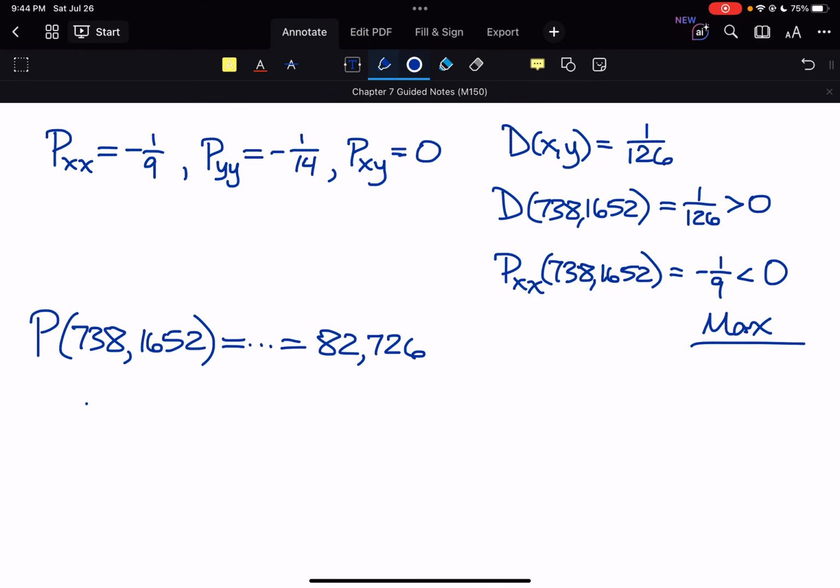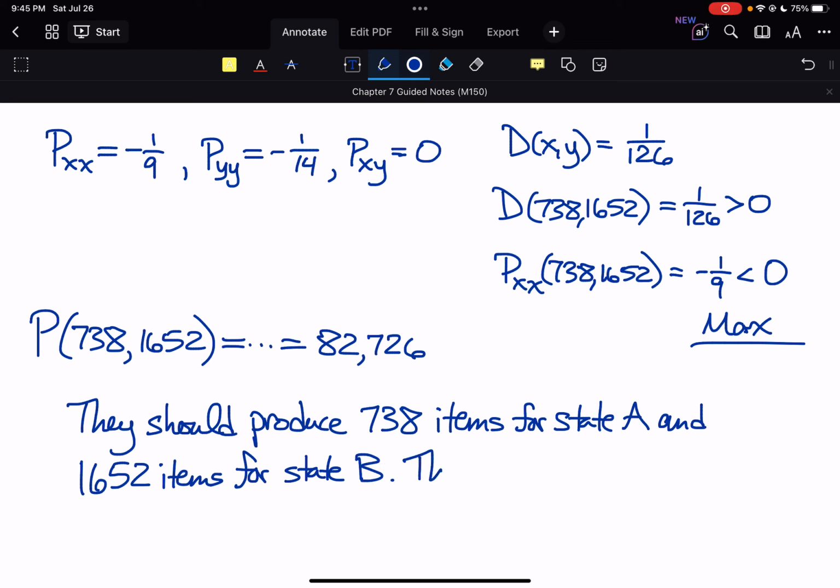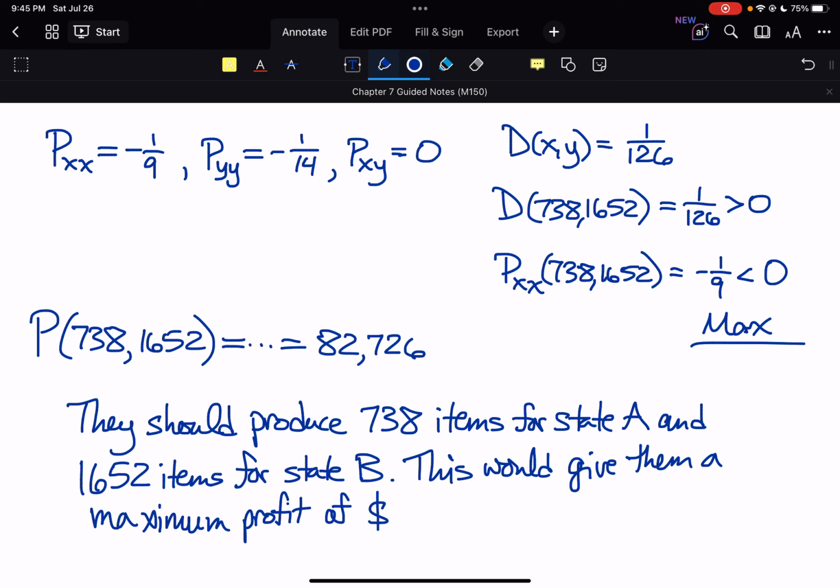Now we see they should produce 738 items for state A and 1,652 items for state B. This would give them a maximum profit of $82,726.